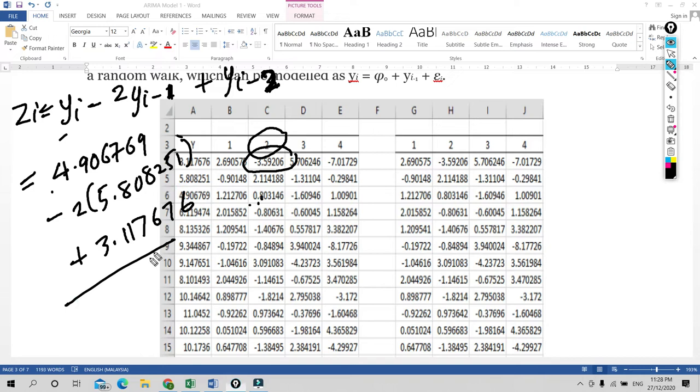So you will get the answer of negative 3.59206. These are the values for second differencing.